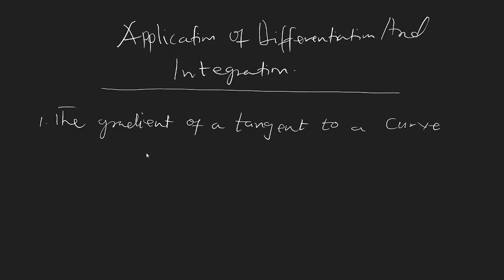Let's say you are given a function in the form y equals 2x squared plus 9. Now, to find the gradient, when you differentiate this with respect to x, that will give you the gradient function. Let's say it is at a point, so we are talking about the gradient of a tangent to a curve at a point, let's say the point (2, 3).